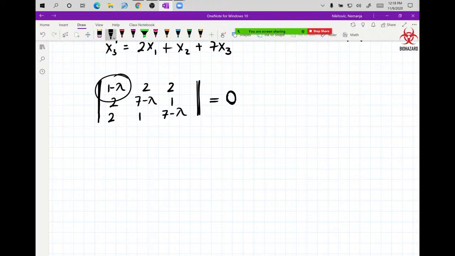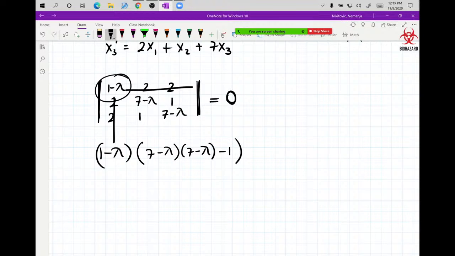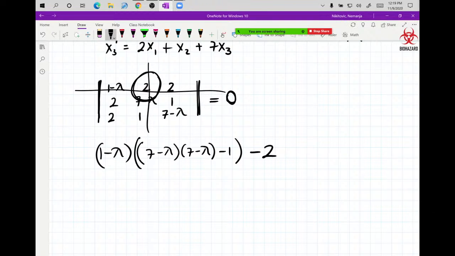So we pick the first one, 1 minus lambda, delete the row and a column, and do the 2 by 2 determinant there. So that's 7 minus lambda times 7 minus lambda minus 1. Then we move on to the second, so that's -2. Remember that the determinant for the second one has a minus there. Delete the row and a column.